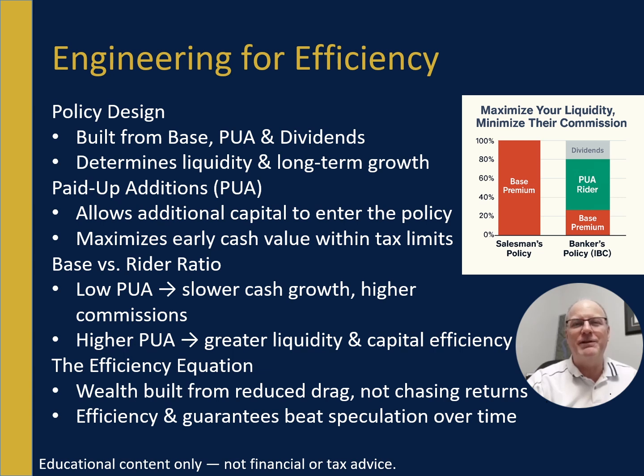Most people never realize they've been racing with the brake half on for decades. Inefficiency compounds quietly. So does efficiency. So the question isn't how do I go faster? It's where's the drag in my system? Because when you remove drag from your banking system, momentum builds naturally.